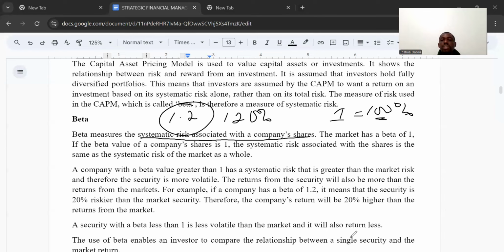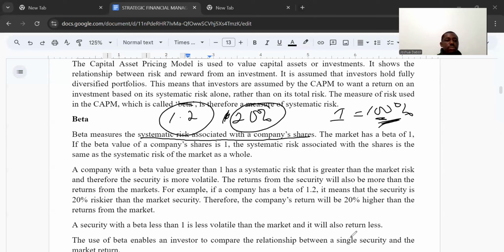So that means the returns from that company is expected to be 20% more than the return from the average security from the markets. Since the risk is 120%, we expect also the return to be in that same manner.